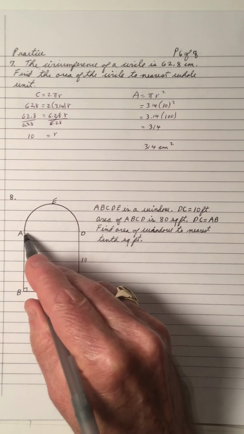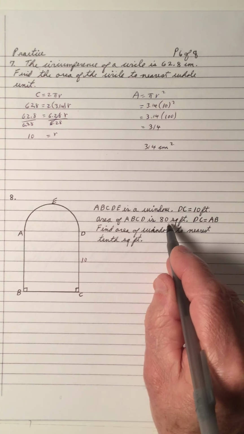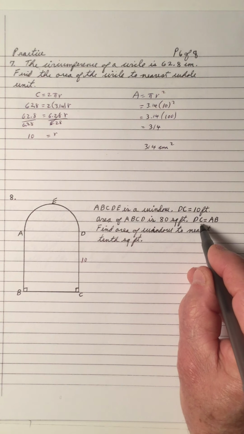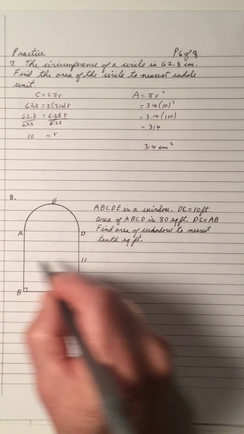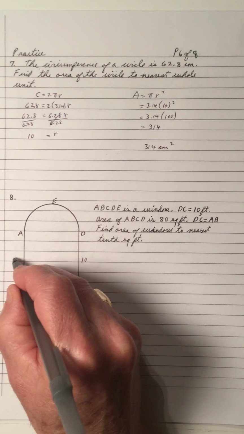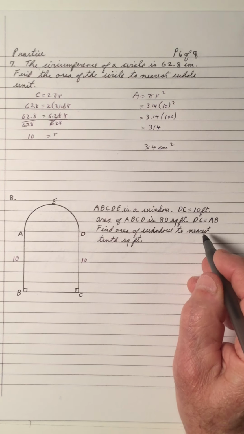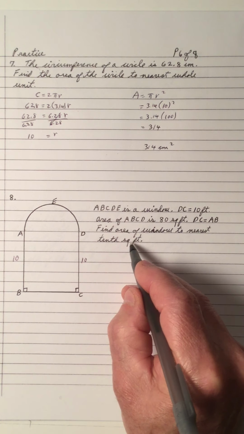The area of A, B, C, D is 80. CD is equal to AB, so CD is 10, and AB is 10 also, because they're equal. It says find the area of the window to the nearest tenth of a square meter.